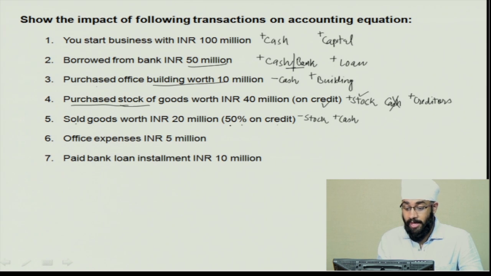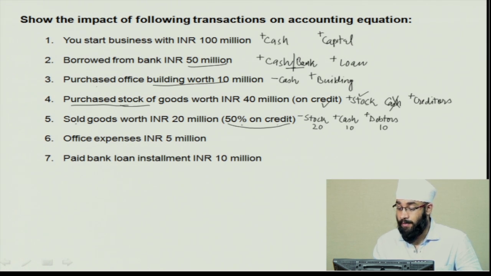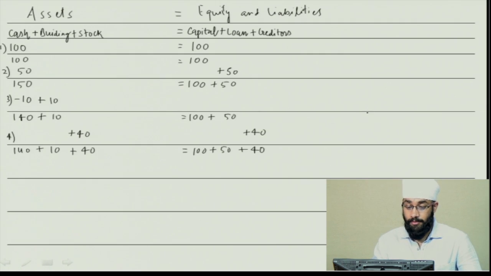But guess what? You have 50% sales on credit, which means you did not recover 20 million cash, you recovered cash equal to 10 only, but stock worth 20 went out, which means that there is another 10 to be recovered from the customers. And the customers from whom you have to recover the amount, those are called debtors here. So stock goes out.